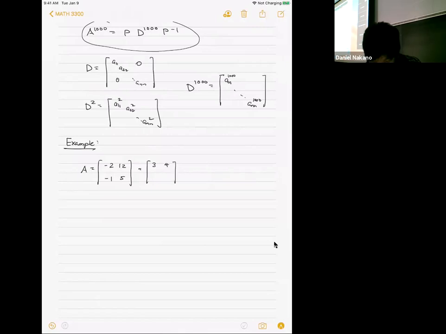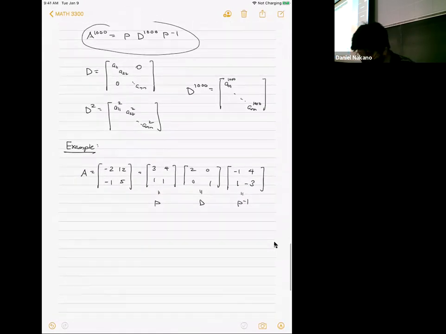Here's [3, 4; 1, 1], and then the diagonal part, I'm just giving this to you, but we can actually figure it out. And then the third part is [-1, 4; 1, -3]. Okay, so this is your D, this turns out to be P, and this turns out to be P inverse. You can just check that out.